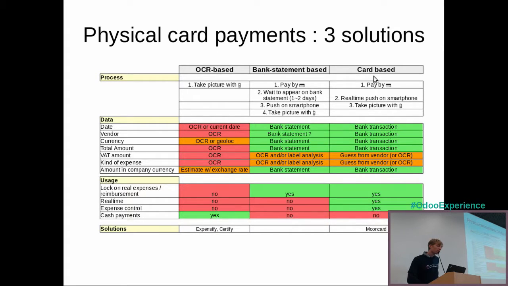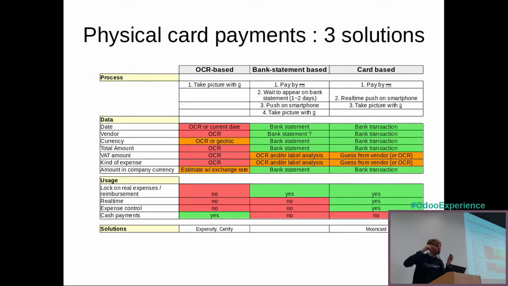And then the third kind of solution, which I adopted, is a card-based solution. I found a solution called Mooncard. So you pay by card, and these guys have access to the bank transaction in real time. It's a card with systematic pre-authorization.